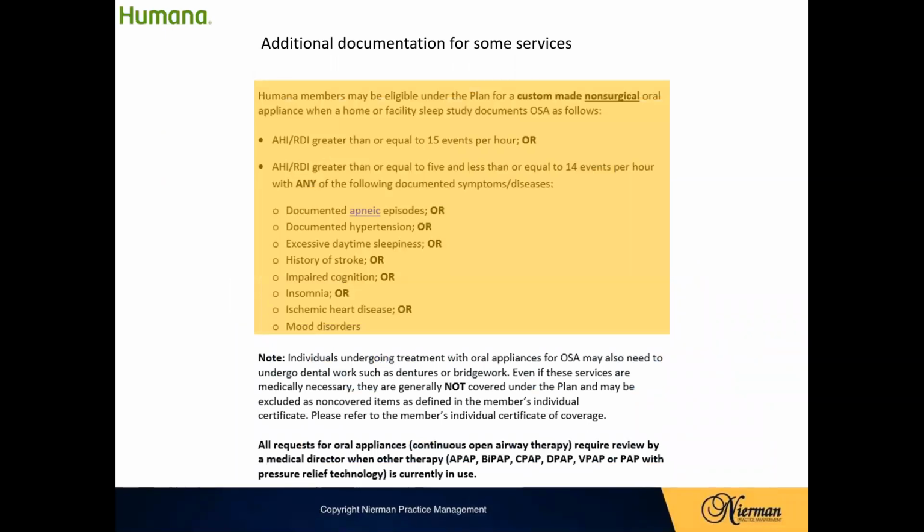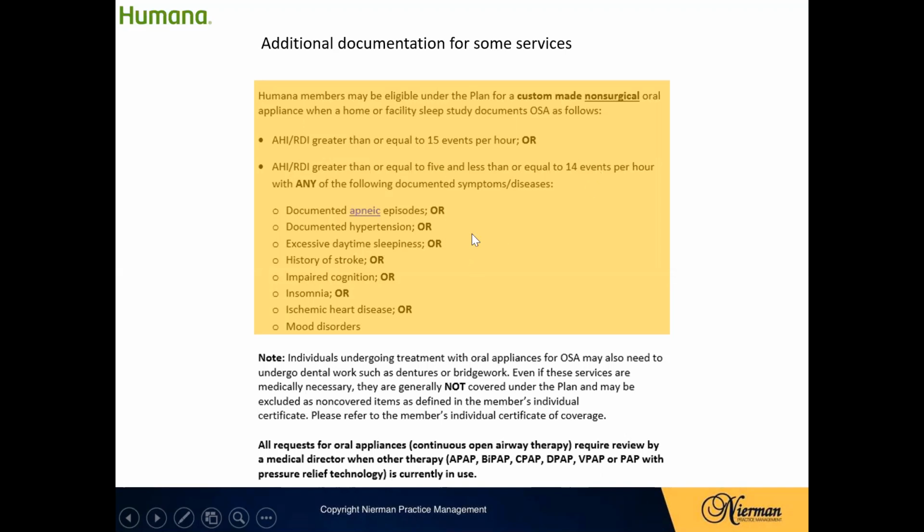In addition to having what they call your clinicals, which is your SOAP or your narrative report, you want to make sure that you do supply any other documentation that's required for it to be medically necessary. This is an example of if the patient has mild sleep apnea, AHI or RDI greater than or equal to 5 and less than or equal to 15, so 5 to 15 AHI.